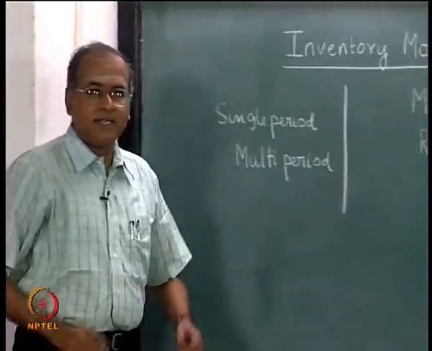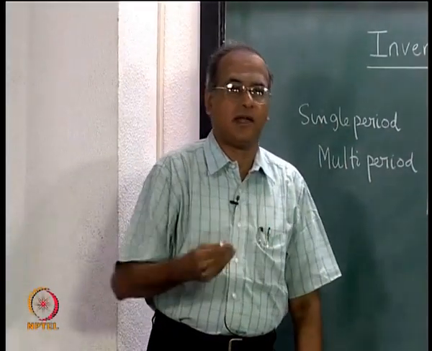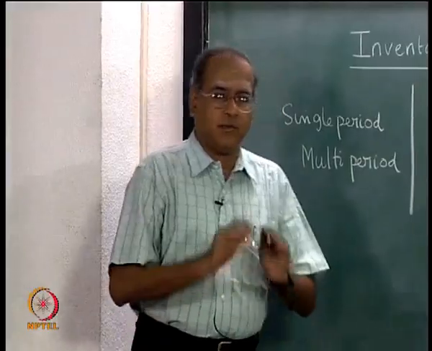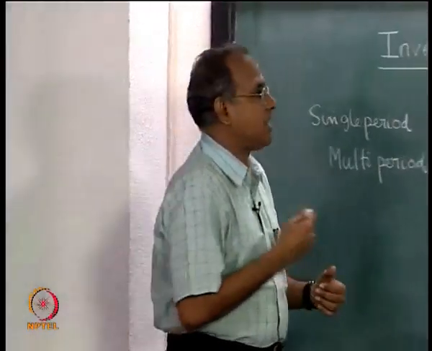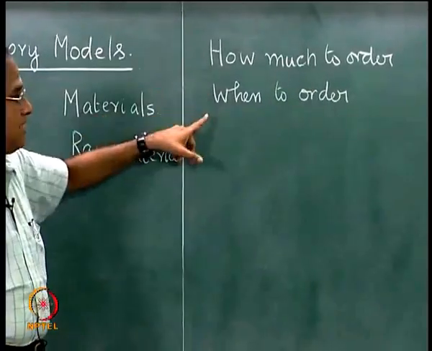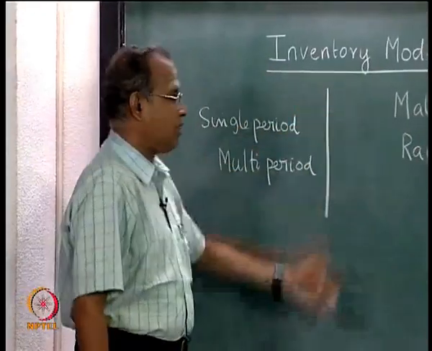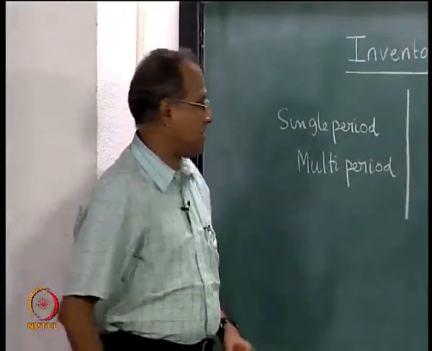Now the important thing that drives the inventory management is the actual demand for the item. The moment we know the demand, then only we can answer these two questions: how much to order every time we order and when to order. So now depending on the nature of the demand, we can have broadly three classifications.